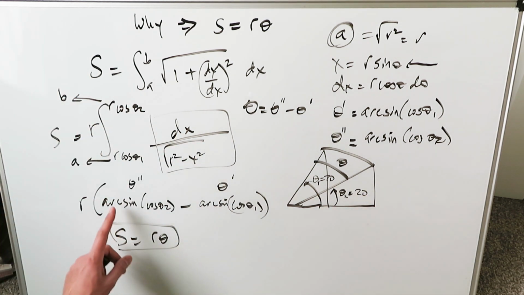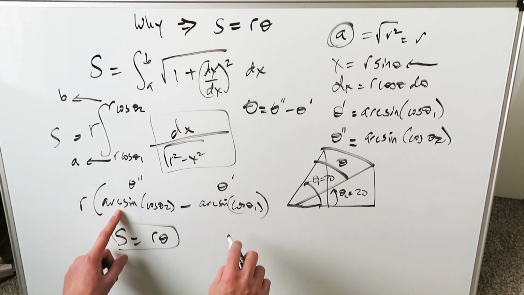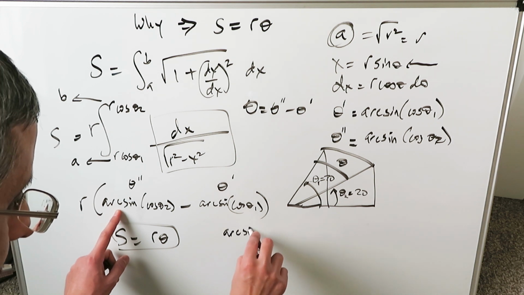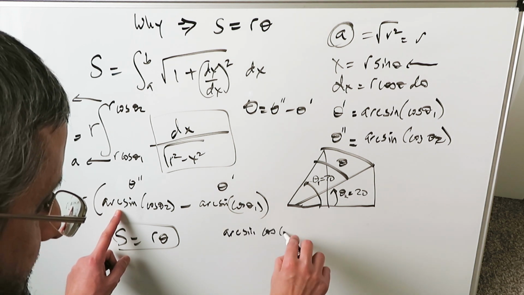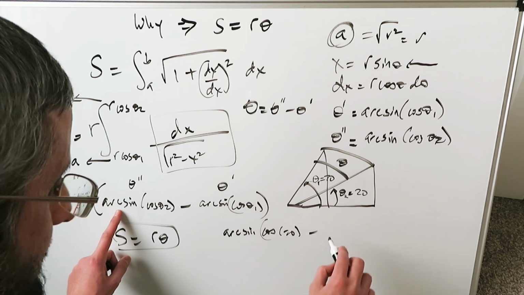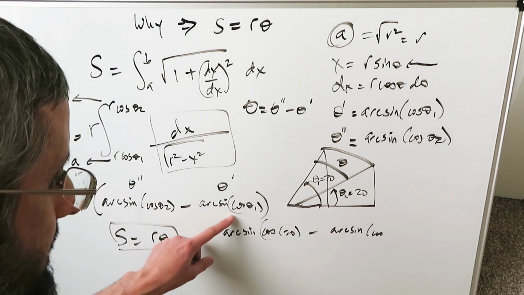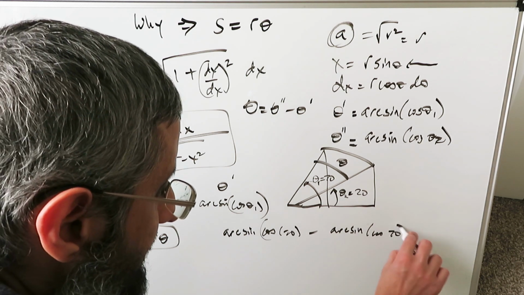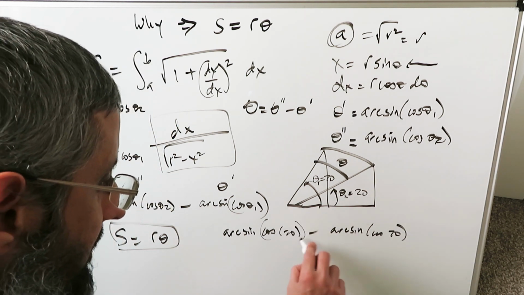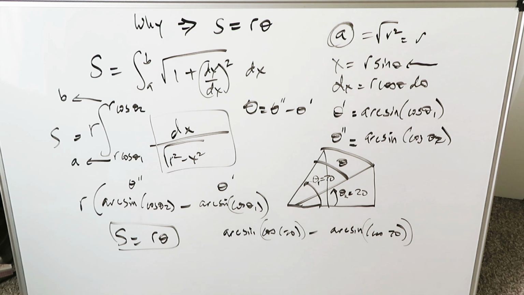Anyhow, plug these values in. Right here I have arc sine of cosine theta 2, which is 20, minus arc sine of cosine theta 1, which is 70. And you'll see the difference of these two in terms of the computations will be 50 degrees. And I'll show you by means of a calculator. You can do everything here on the DEG mode.